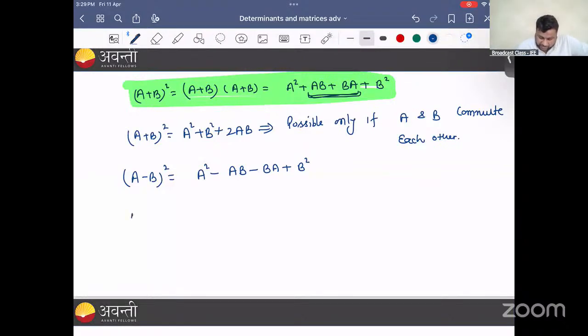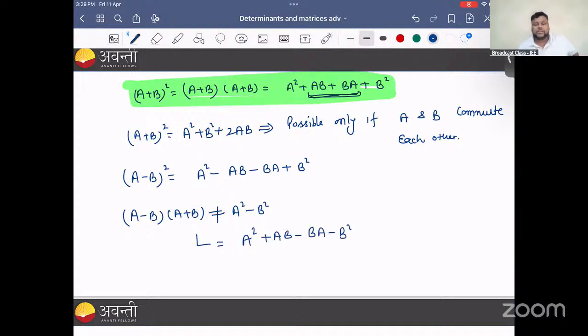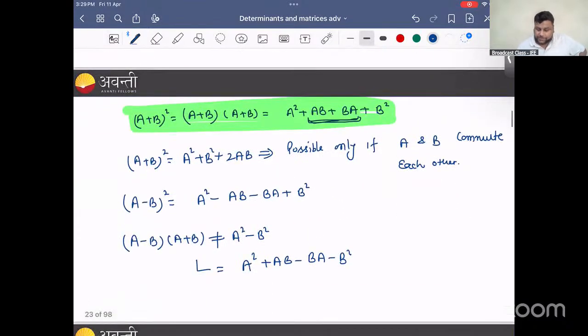Similarly, if I do (a minus b) into (a plus b), don't directly write it as a square minus b square, whereas it will be equal to a square plus ab minus ba minus b square, because matrix product of two matrices is not commutative. Am I correct? Is it fine? So this is the sixth property.